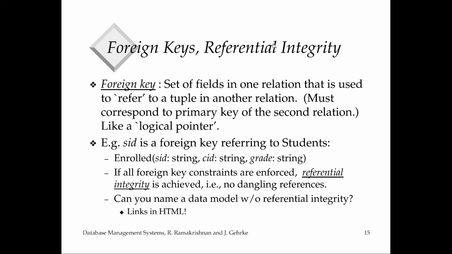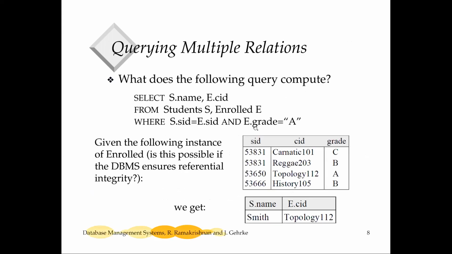Foreign keys and referential integrity. So a foreign key is really a set of fields in one relation that is used to refer to a tuple in another relation. For example, I think this will be easier to show here.